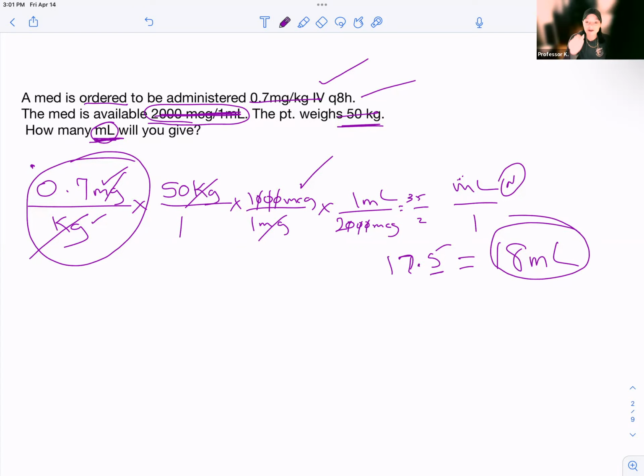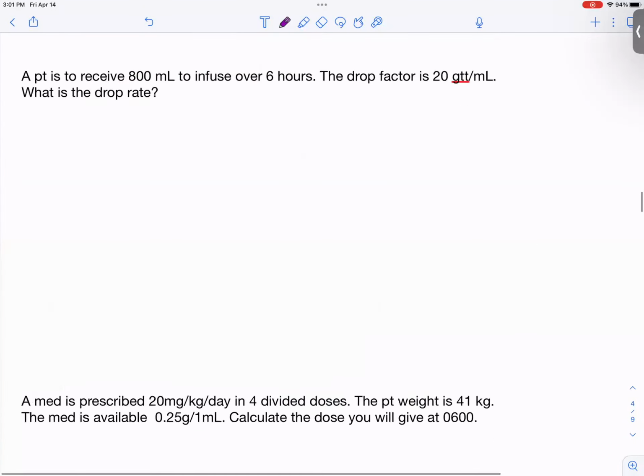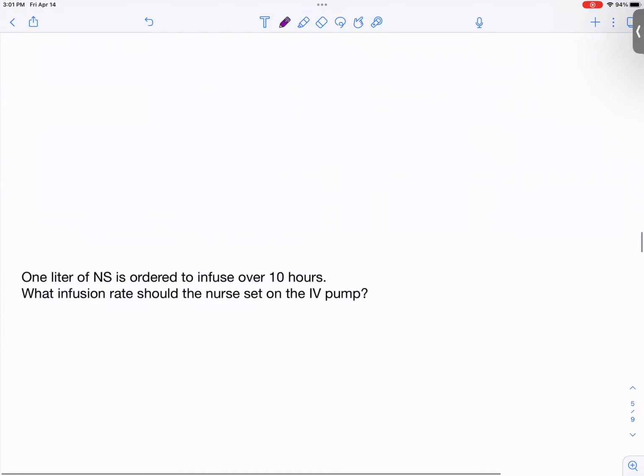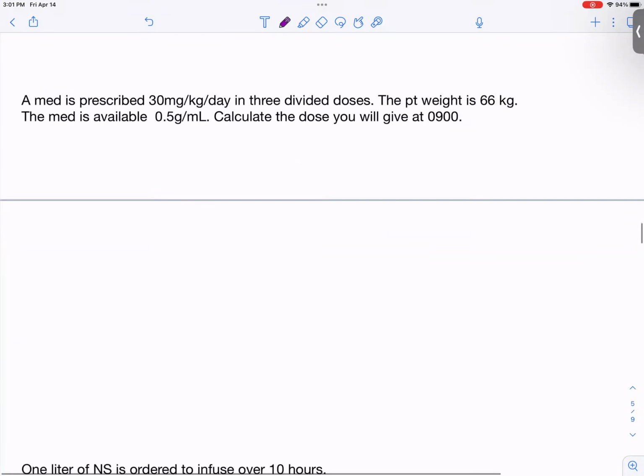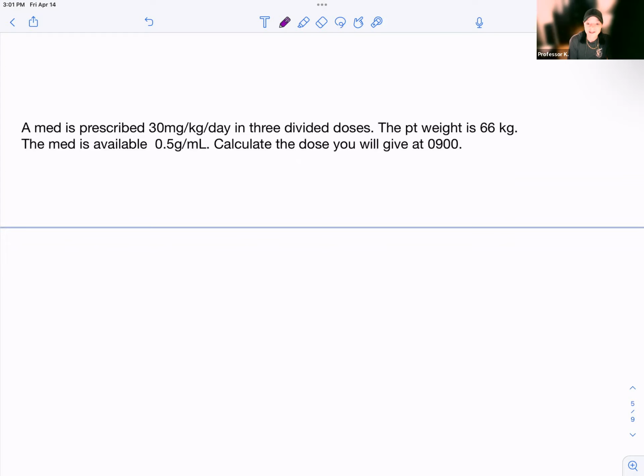Unless they asked you for a specific time, and I'm going to show you right now. Okay, that helps me, because if it doesn't say, it's not really significant. Not unless it said, like, what will you give at the 7 a.m. dose or something like that? So here it is. What would you give daily? Take a look at this question.